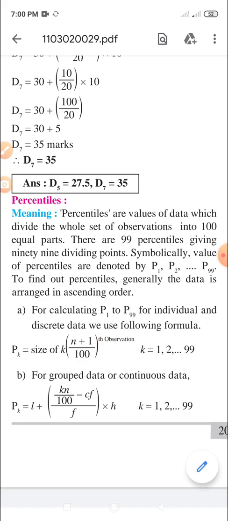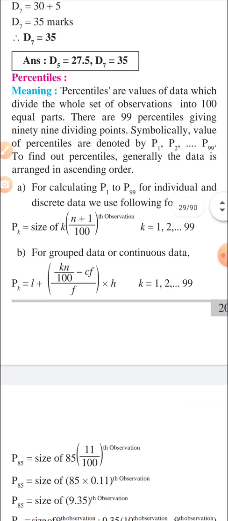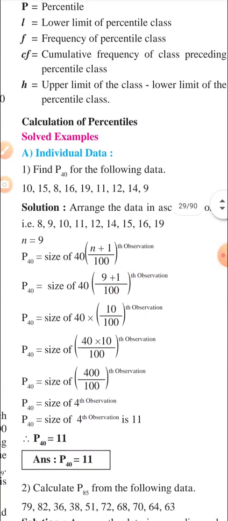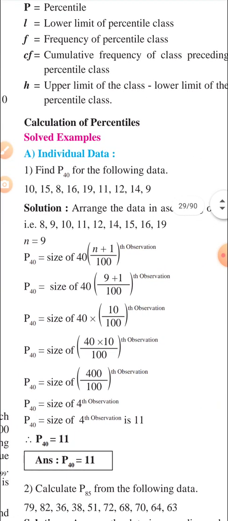So the next part is the actual calculation of percentiles as per individual series. Individual series means when a single type of information is given.